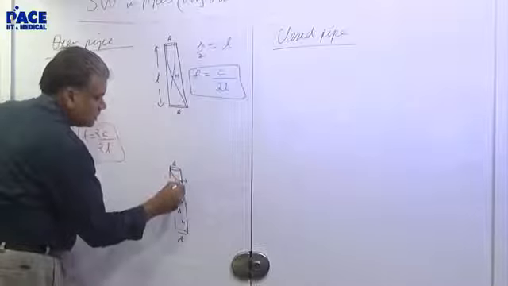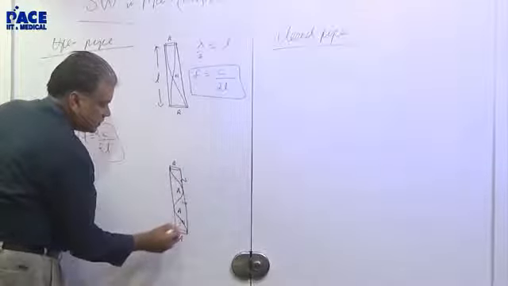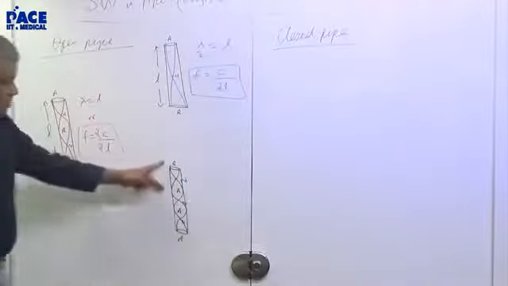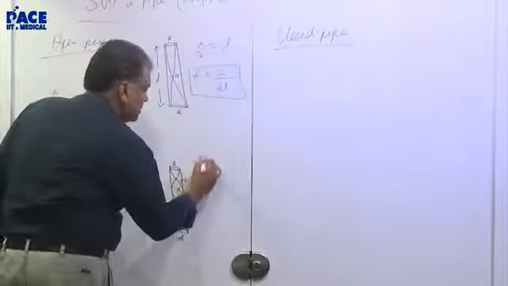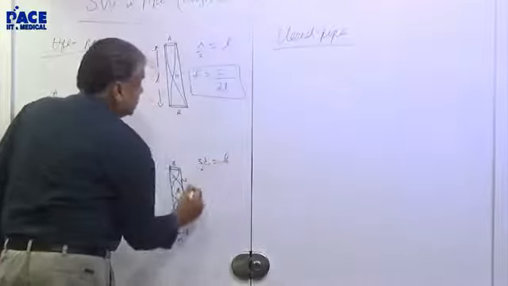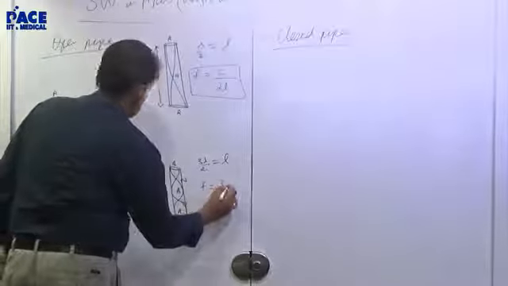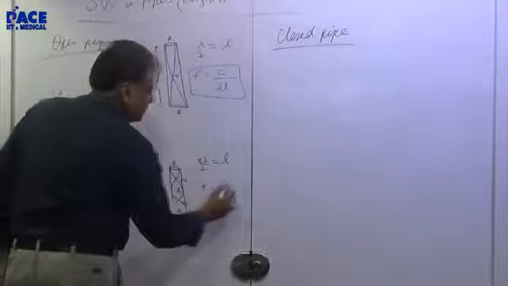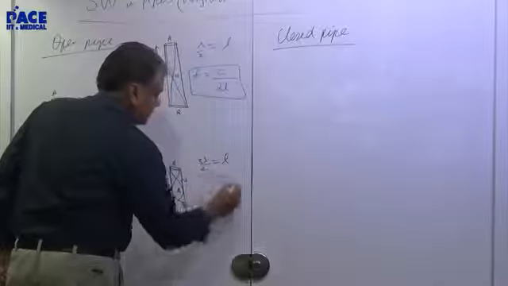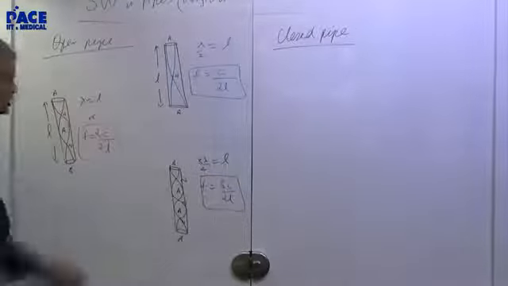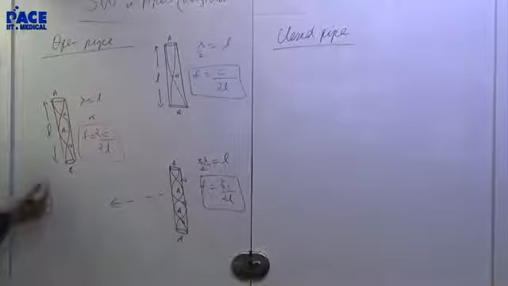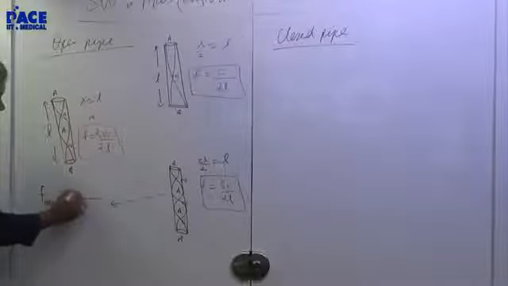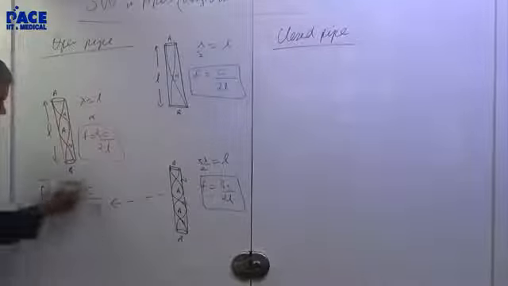So node, one, two, three. 3 lambda by 2 equal to L. So frequency is 3... no, sorry. This is 1, 2, 3. Yeah. So 3 lambda by 2, so this is 3C by 2L. So in general, what will be the frequency of the open pipe? nC by 2L. Yeah, that's it.